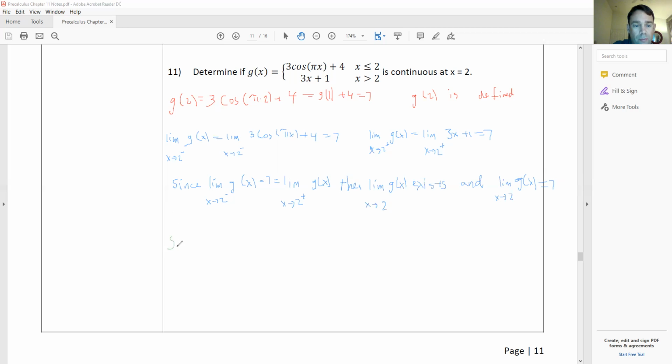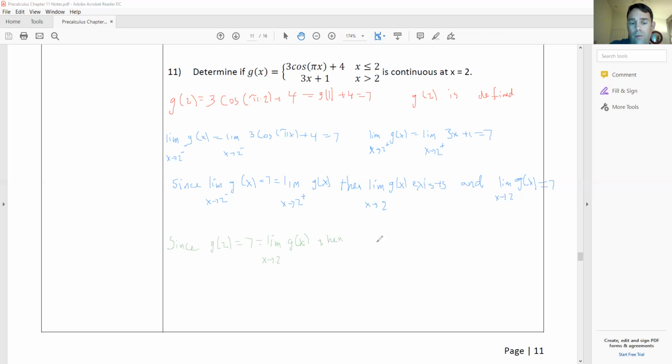So since the function value equals 7, which equals the limit value, and what you find out in calculus, and you find the same thing in stats as well, it's not so much about being able to do the problem, it's about being able to explain it.